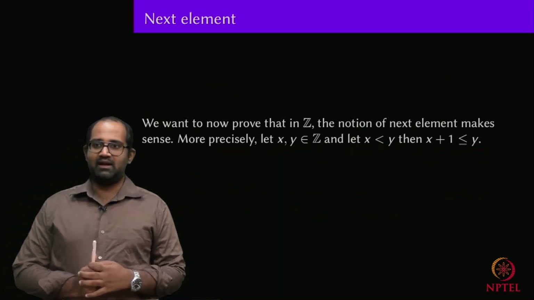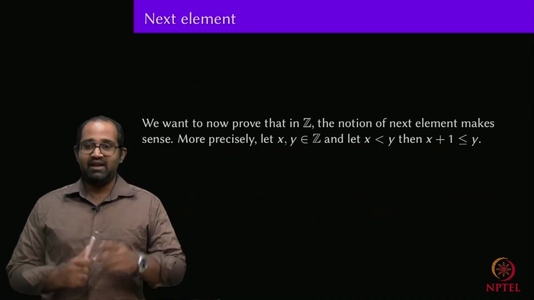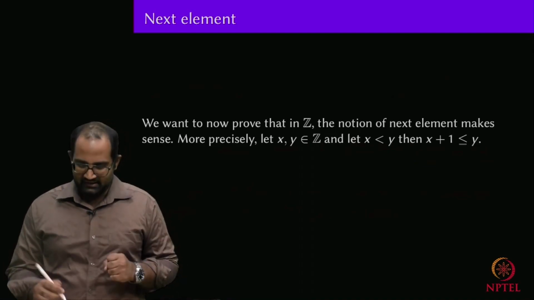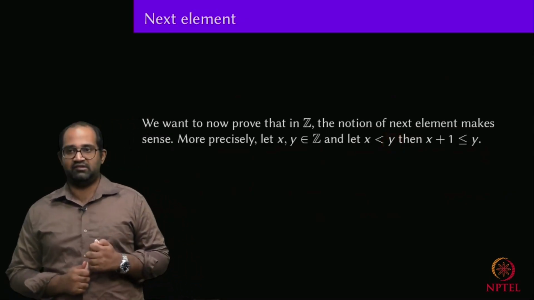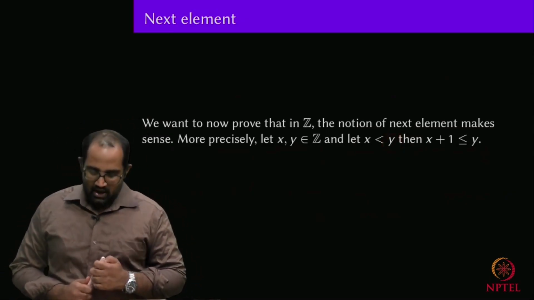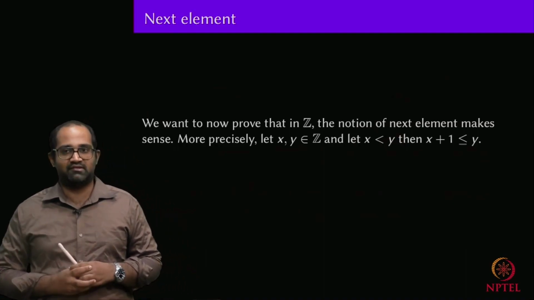What we are really saying is, given x and x plus 1, there is no y that is sandwiched between x and x plus 1. There is a more tedious way of saying it, but once translated it will be straightforward.